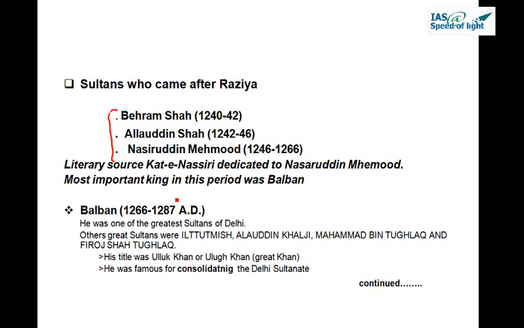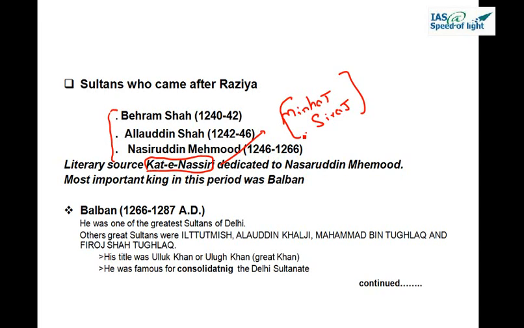The literary source Tabaqat-i-Nasiri, which is written by Minhaj Siraj, is dedicated to Nasruddin Muhammad.